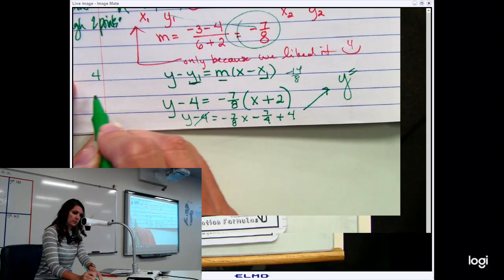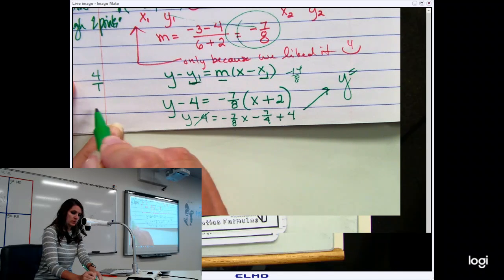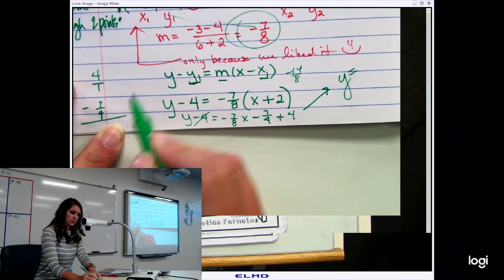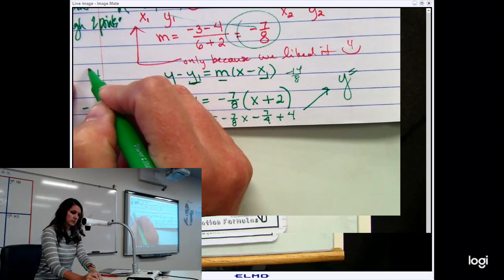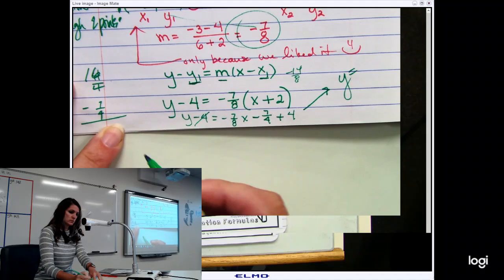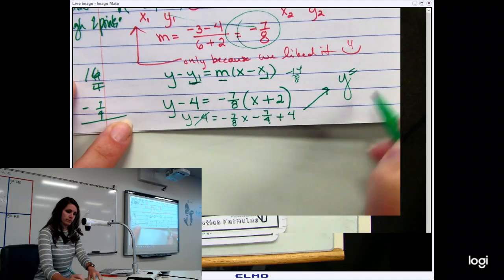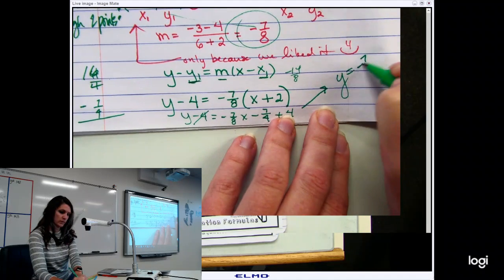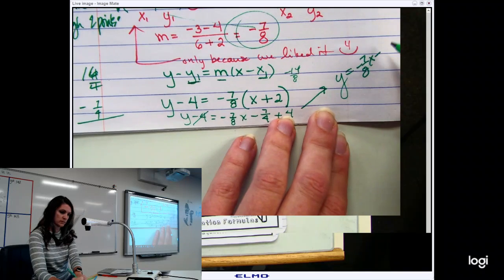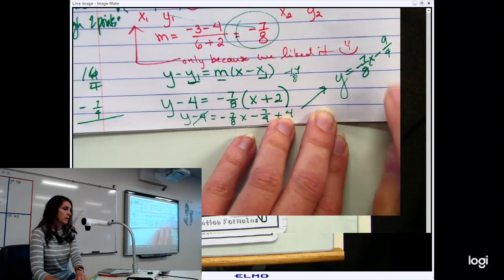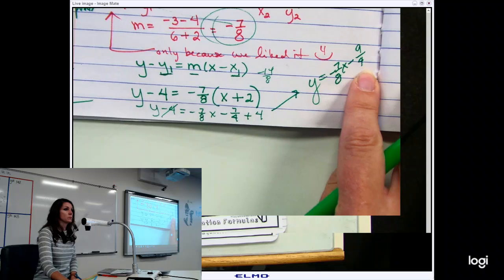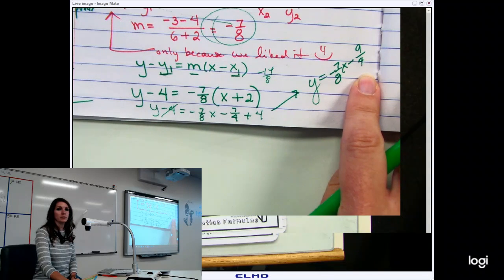Is anybody going to grab a calculator for me, Lauren? Minus 7/4. So I need to make that 16/4. I get -7/8 x minus 9/4. I promise your fractions won't be anything like that. But again, we can just grab your calculator.